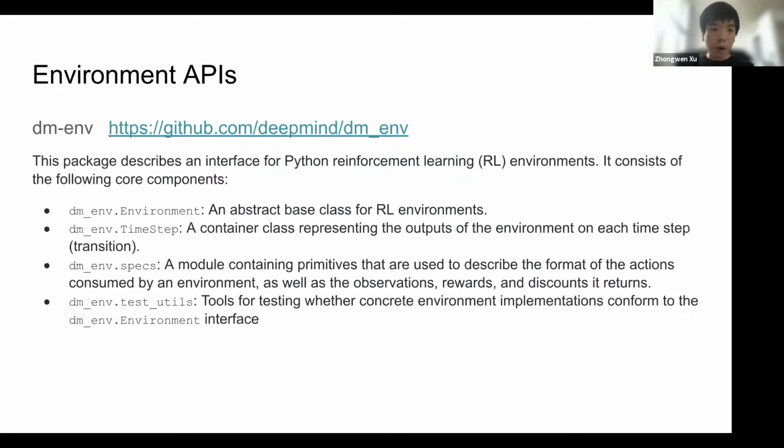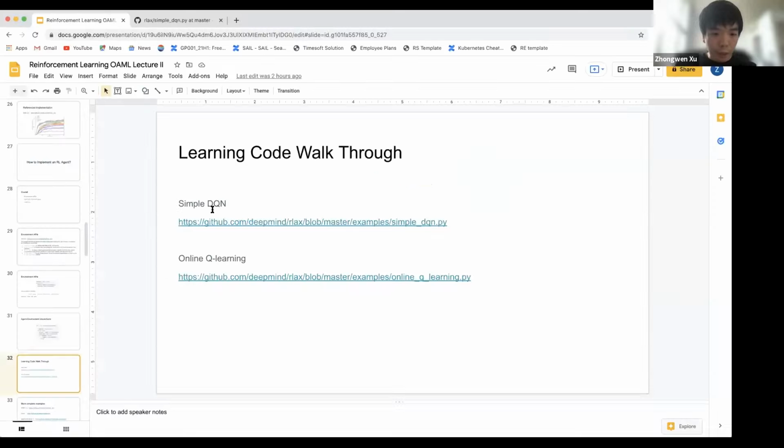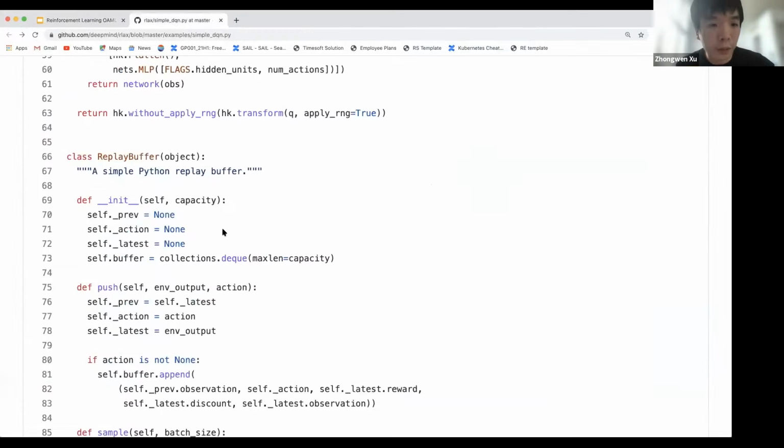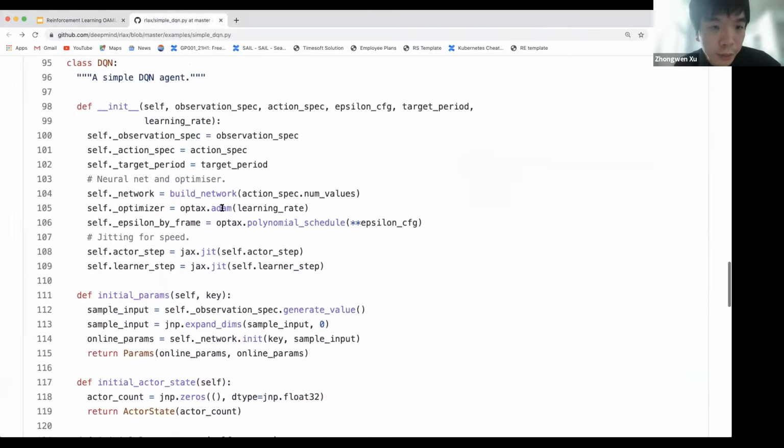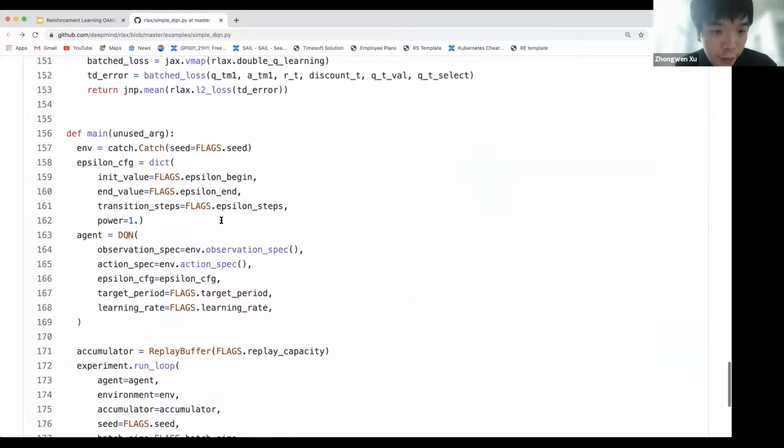So this abstract API does not really constrain itself to any specific environment. All of the properties of the environment can be described in the observation spec and the action spec. For example, your observation can be a 1D vector or 2D or anything, as long as you can give the shape to the agent.